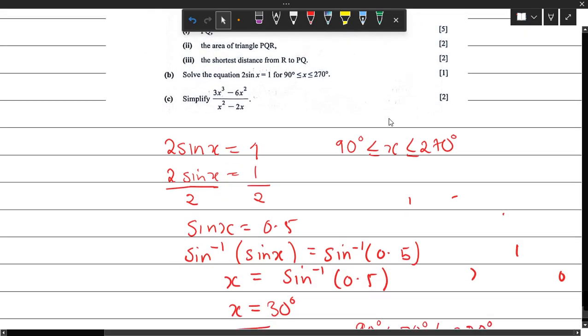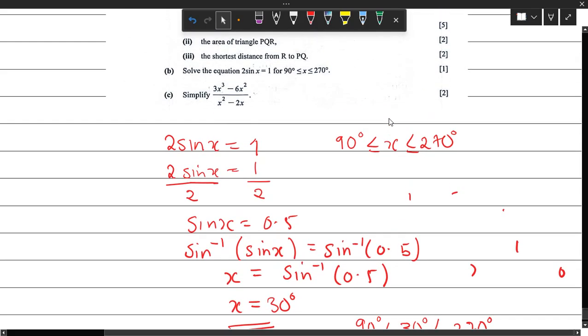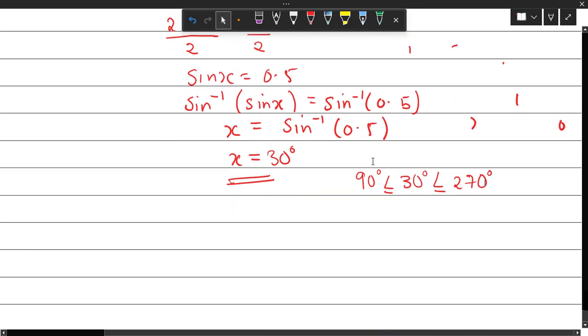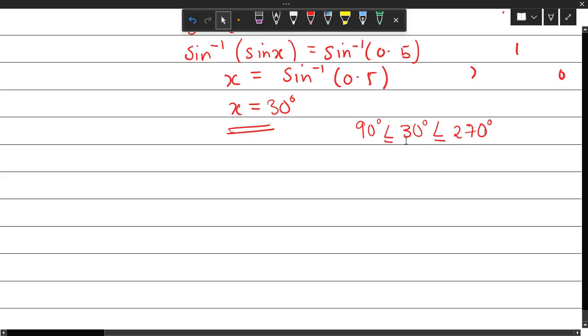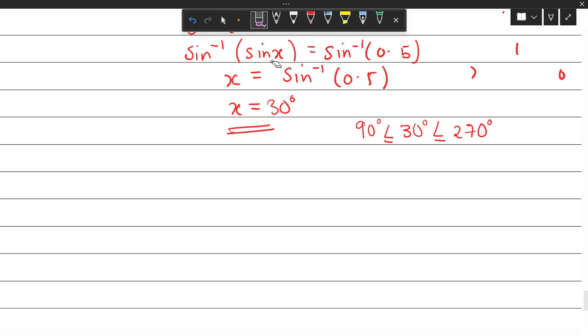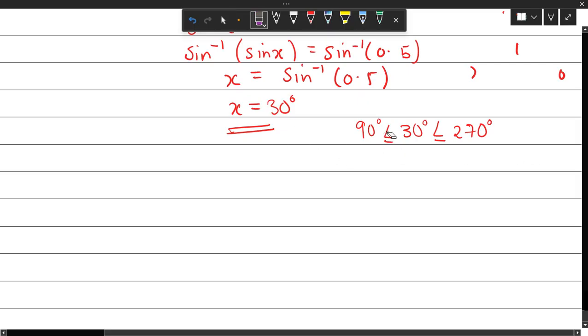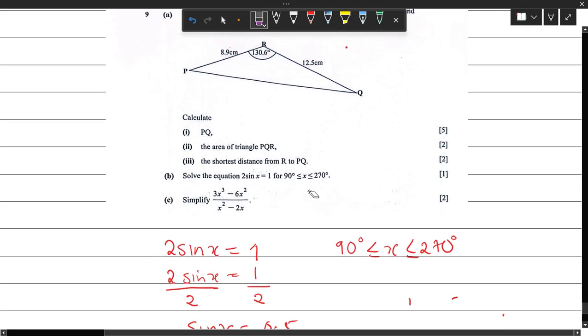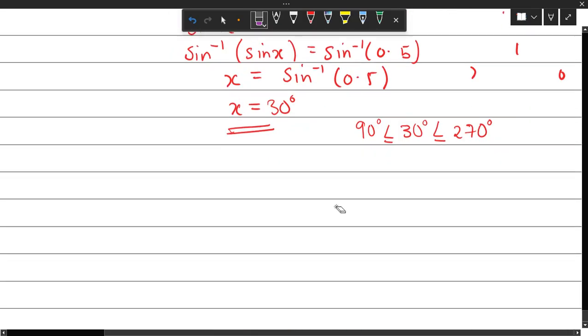That doesn't make sense. The answer we've calculated is 30, but if you use this range we have been given here, it doesn't make sense. So you now have to use what we call quadrants.